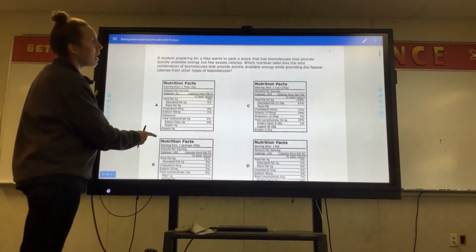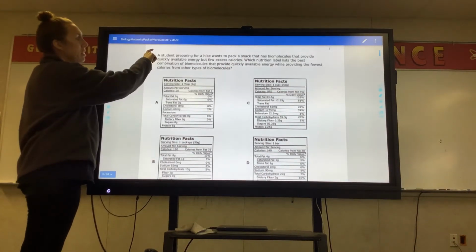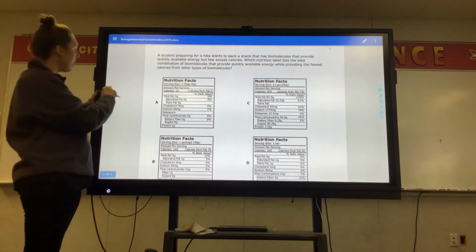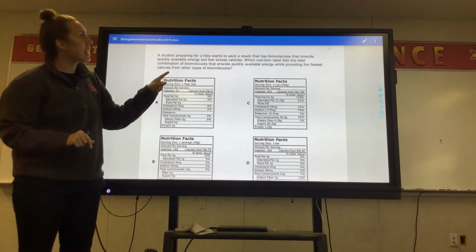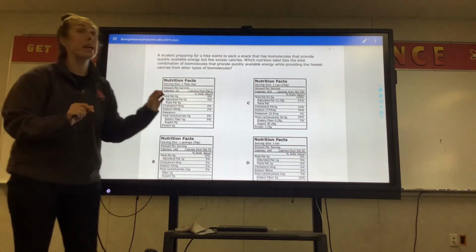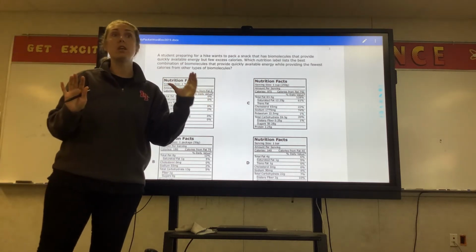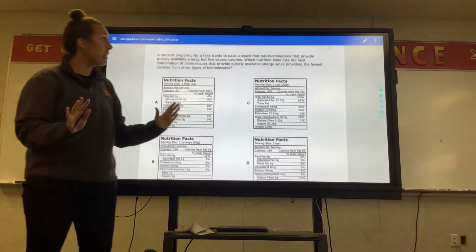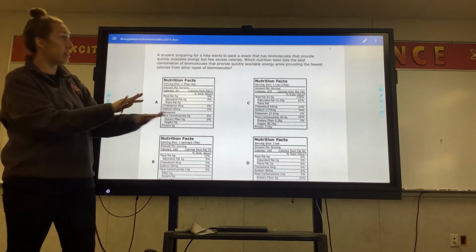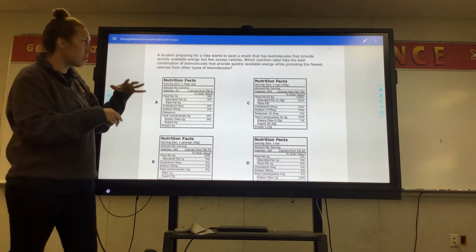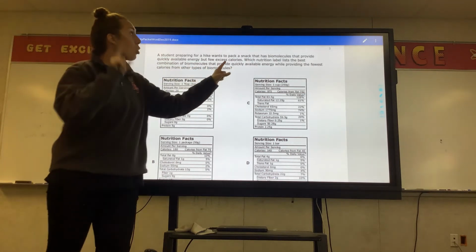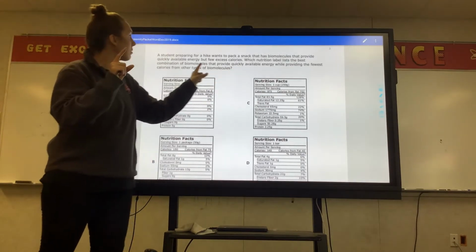Okay, this one, if you did not pay attention to this, you probably didn't get this part right. So ready? Real quickly, a student preparing for a hike wants to pack a snack that has biomolecules that provide quick energy. So which one is quick energy? Carbs. Okay, ready? So all they're asking is, which nutrition label lists the best combination of biomolecules that provide quickly available energy?